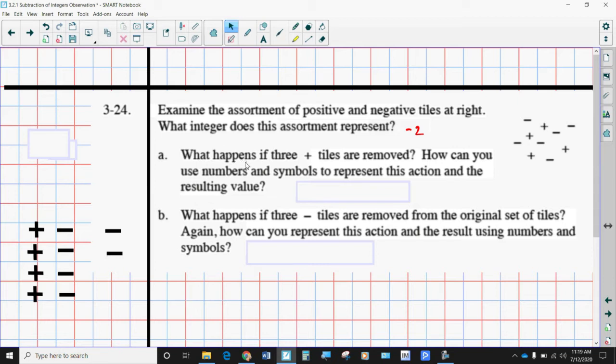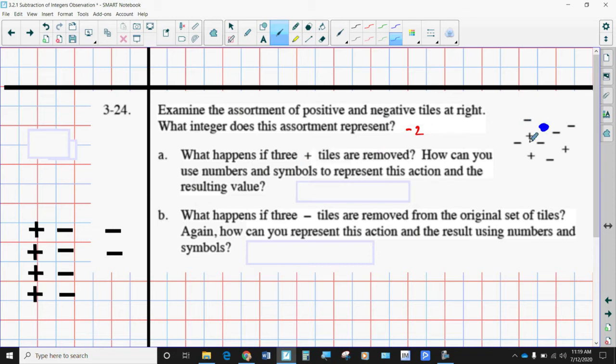What would happen if 3 of the positive tiles were removed? How can you use numbers and symbols to represent this action and the resulting value? Okay, so what you can do on your paper, if you've created this assortment of tiles, is something like this. What are we removing? 3 positive tiles.